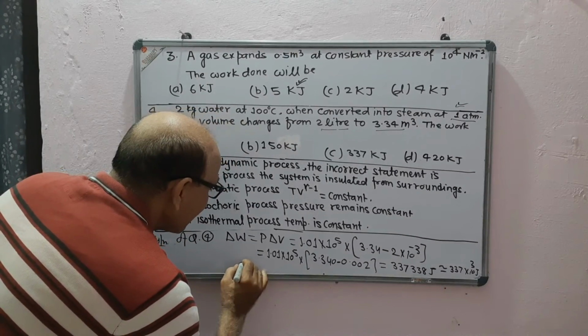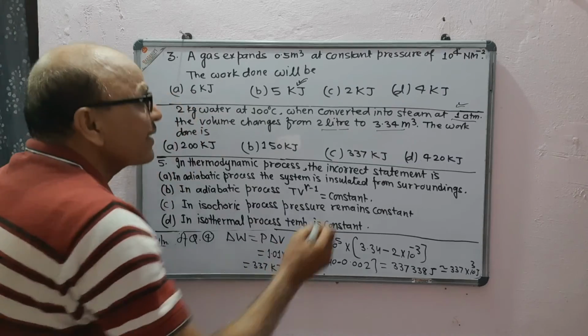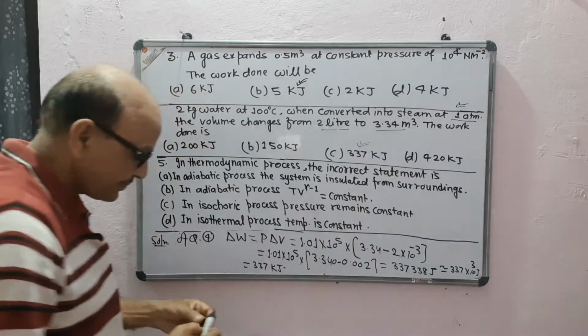So this can be written as 337 kilojoule. The correct answer is this one.